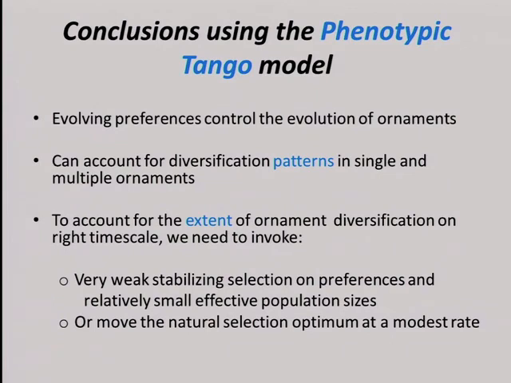We could do it either by assuming very weak stabilizing selection and relatively small effective population size, 1,000, 5,000, or we can move the natural selection optimum at a modest rate. I tend to be attracted to this one because it's a little easier to imagine what that means than extraordinarily weak, almost selectively neutral preferences. But we could talk about that, I think, at the end if you want.